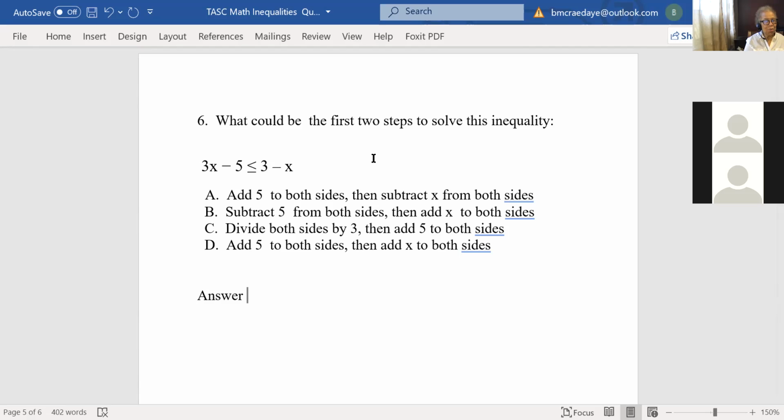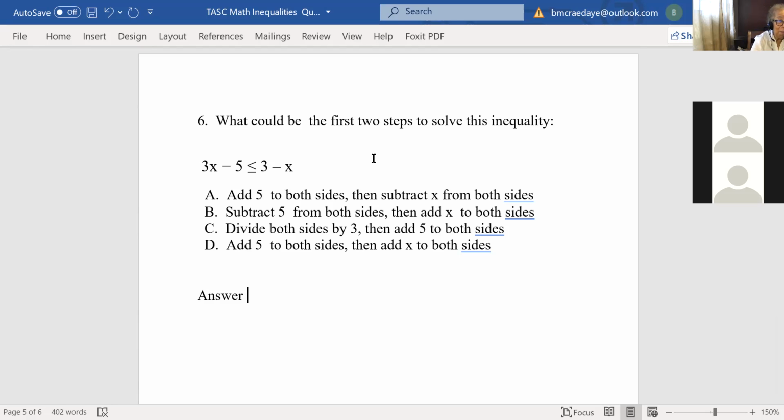Vanessa, you're on mute. Yes, Miss Barbara. Number 6: what could be the first 2 steps to solve this inequality? Let me see, then subtract.